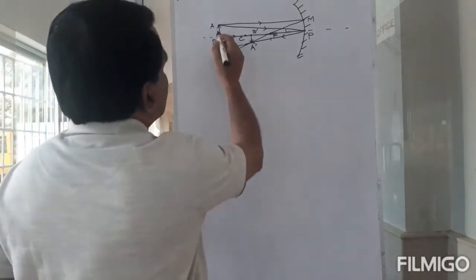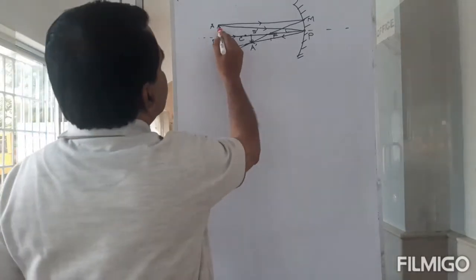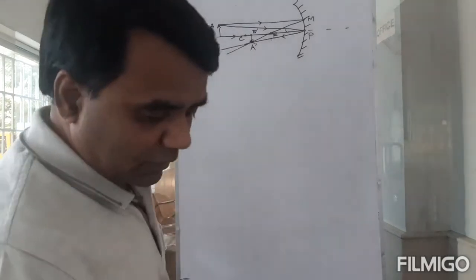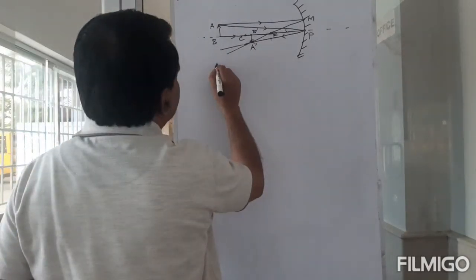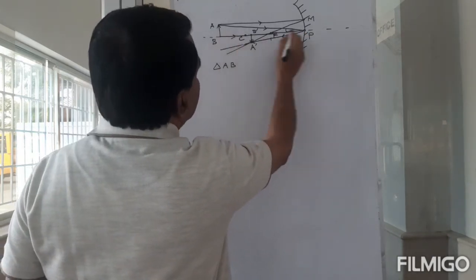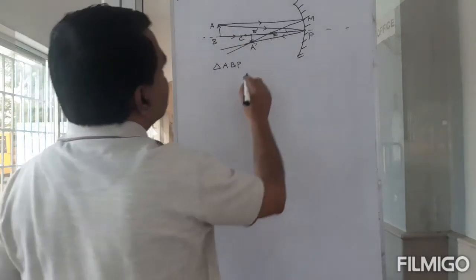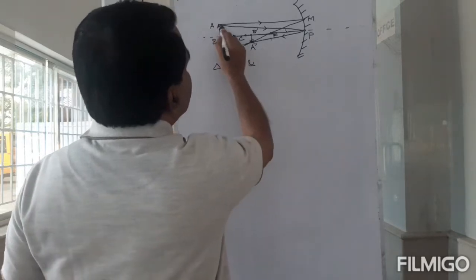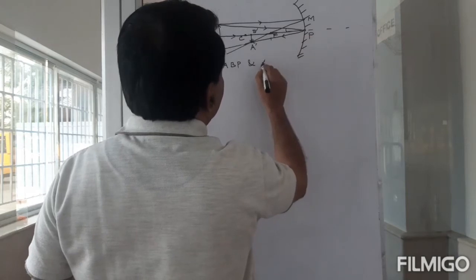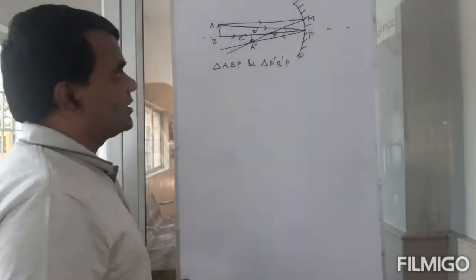First of all, if we take this triangle ABP, and this triangle, which is triangle A dash B dash P, these are similar triangles.